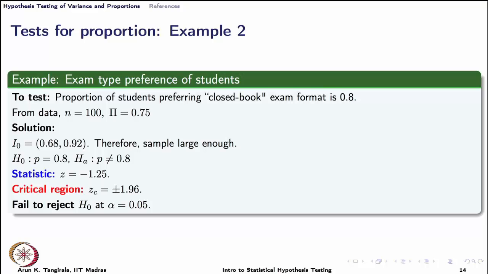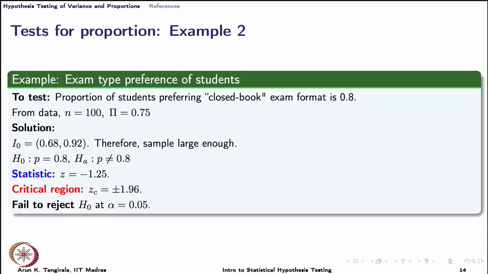The statistic works out to be minus 1.25 using the same formula that we have used before. The critical value here is 1.96, because now we are looking at a two-sided test, and the observed statistic falls within the acceptable region.